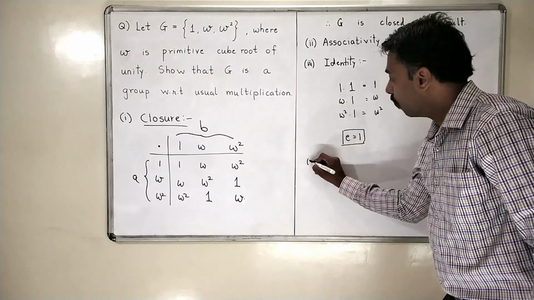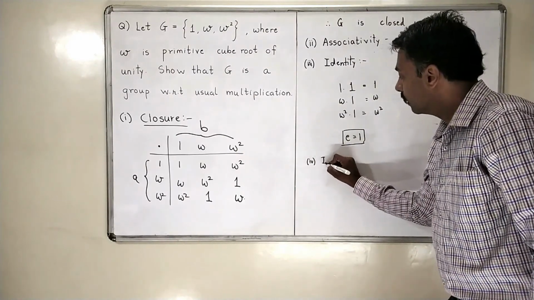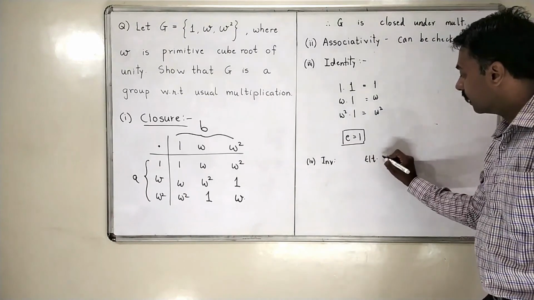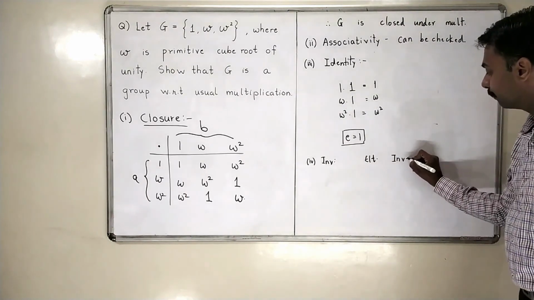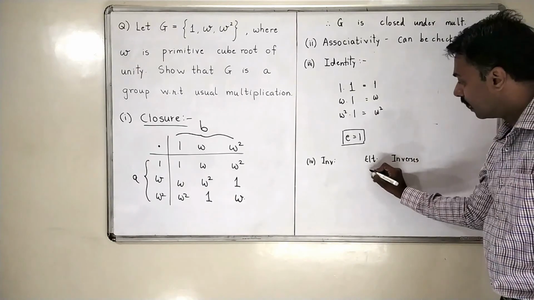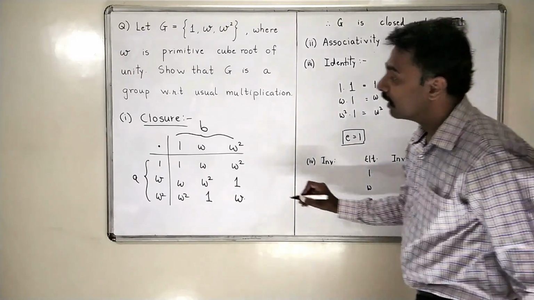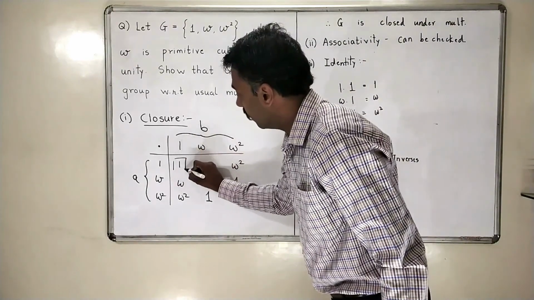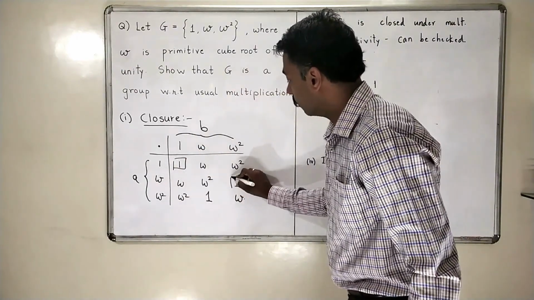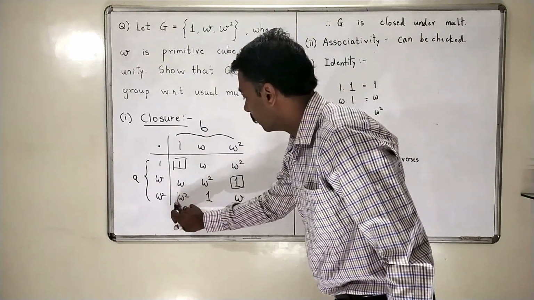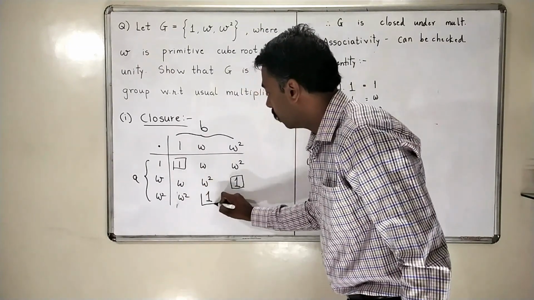Fourth is inverse. So let us write the elements and let us note down their inverses. So elements are 1, omega and omega square. From the table I see that 1 into 1 is 1, omega into omega square is 1, and omega square into omega is also 1.